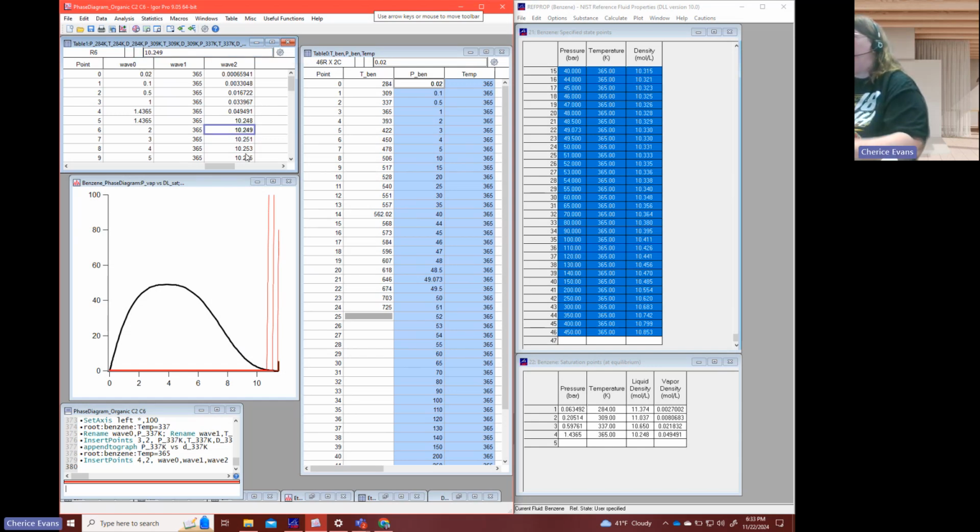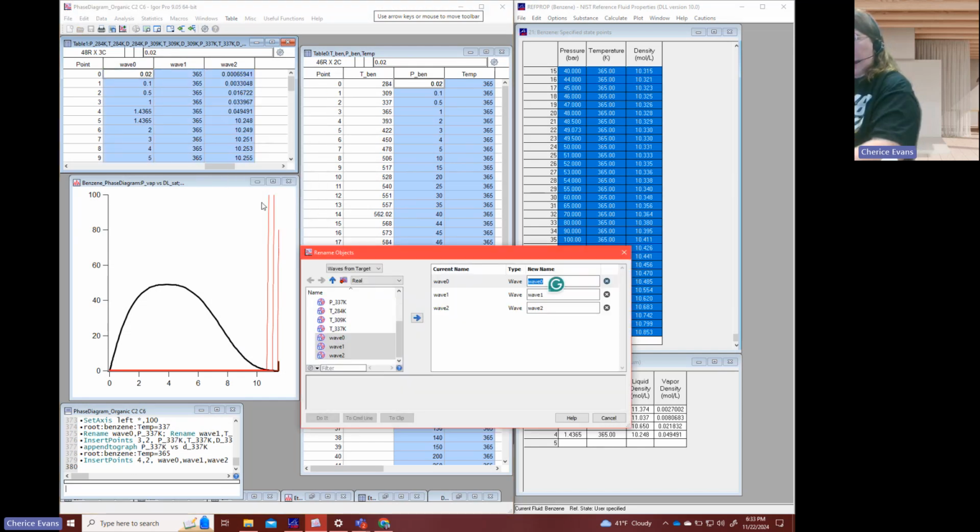You can copy and paste. I'm not bothering to copy and paste just because I type numbers really fast after experience. You can copy and paste the values if you choose.